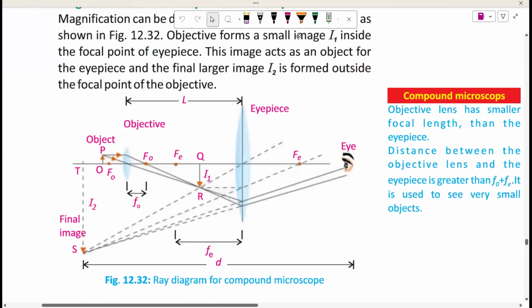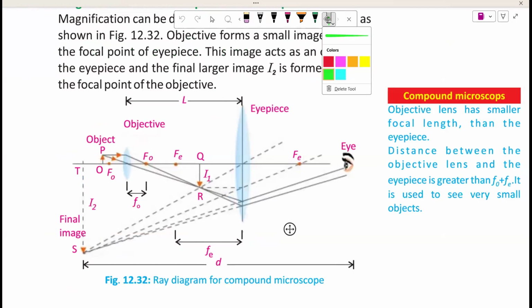Yes. Okay. Here you could see we have two lenses. The object is placed, sorry, outside the focal length of the objective lens, okay?